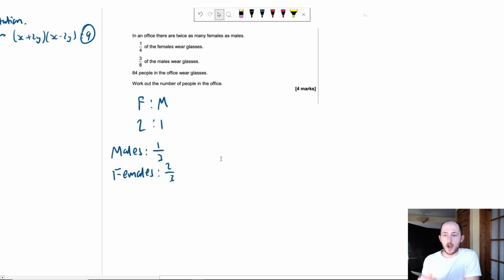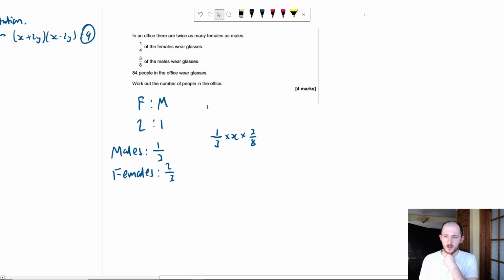Okay. The way I would work this out, and again, I'm a bit of a lunatic, is to work out the number of males that wear glasses, you would have to do 1/3 of the total number of people times the fact that 3/8 of them wear glasses.